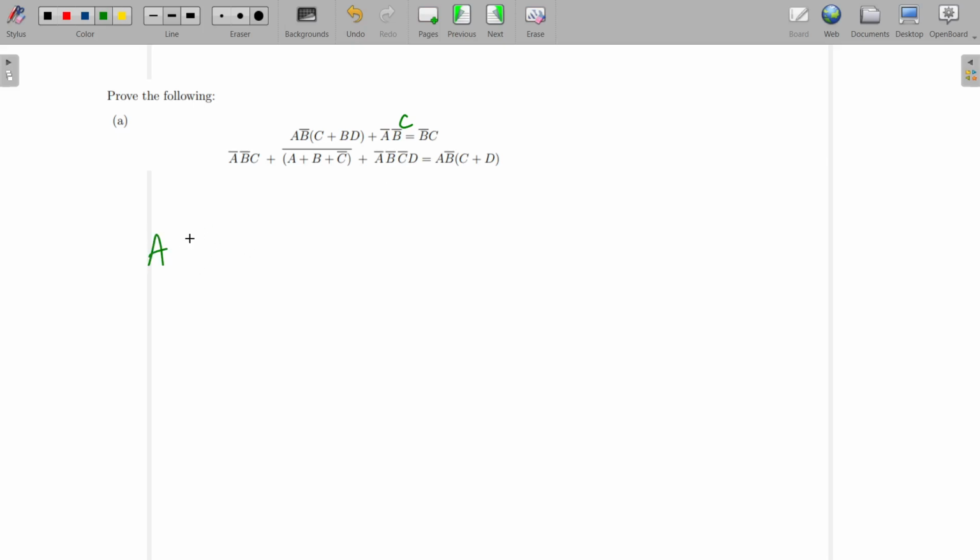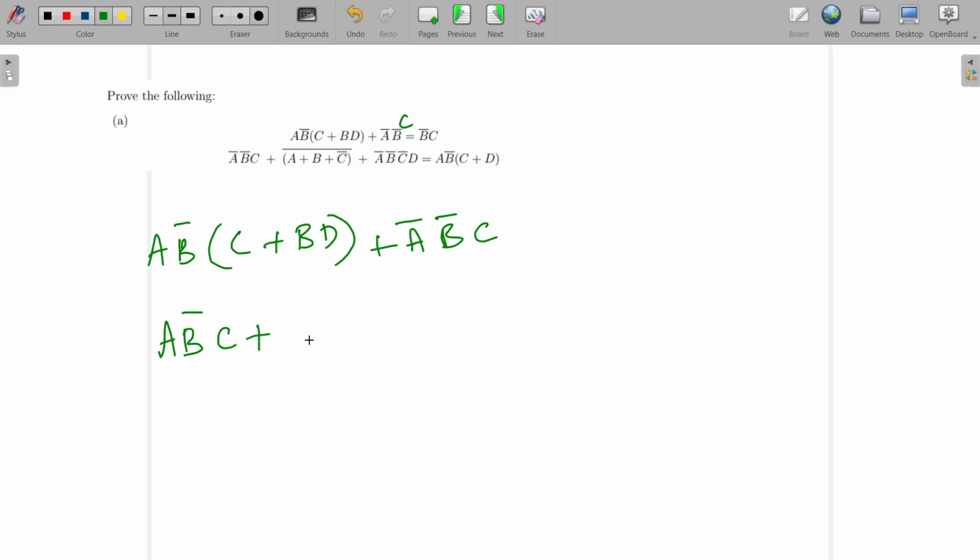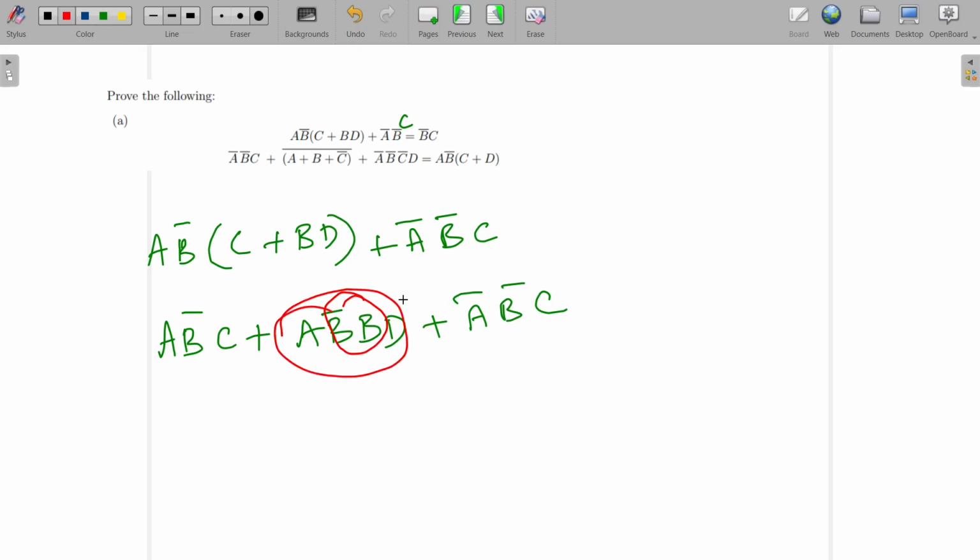Let's try this. A B bar C plus BD plus A bar B bar C as the left hand side. Using the distributive law, it becomes A B bar C plus A B bar BD plus A bar B bar C. B bar B becomes 0, so that term becomes 0.